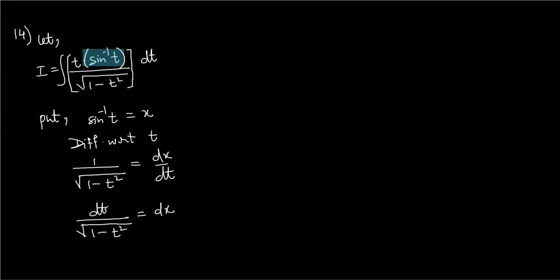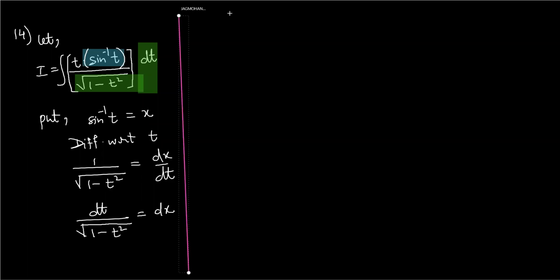Okay, so as I told you, dt upon root of 1 minus t square, and here we have that. Here we have dt upon root of 1 minus t square. What will that become? That becomes dx. So when you write the new integral in x, you will get I equals integral.